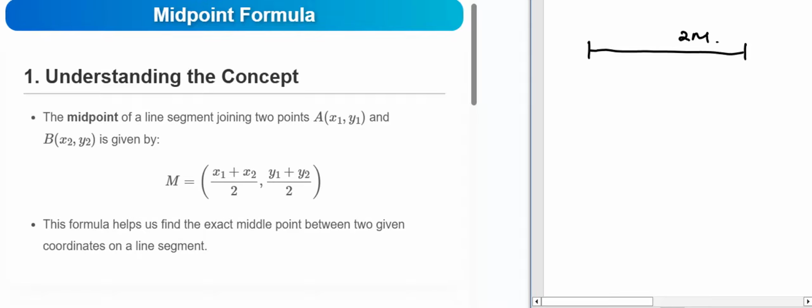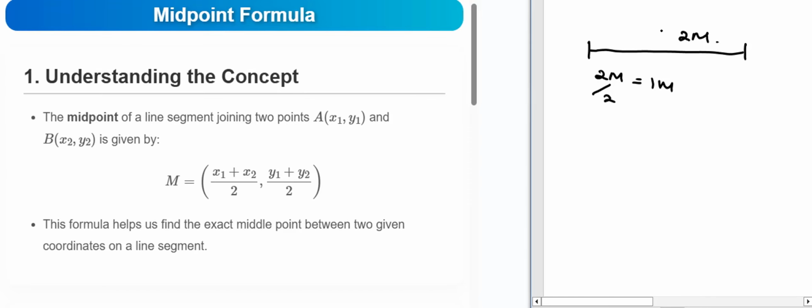So in this case, to get that midpoint, I just take the length of the line, which is 2 meters, then I divide by 2, so that I can get the distance of each part such that where they meet is the midpoint. So 2 divided by 2 is 1 meter.